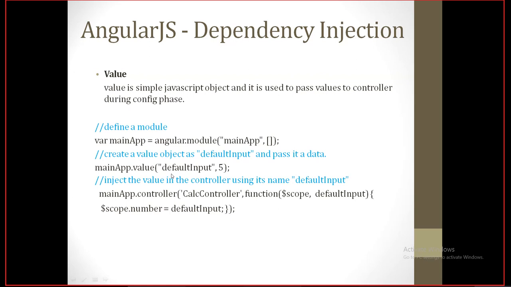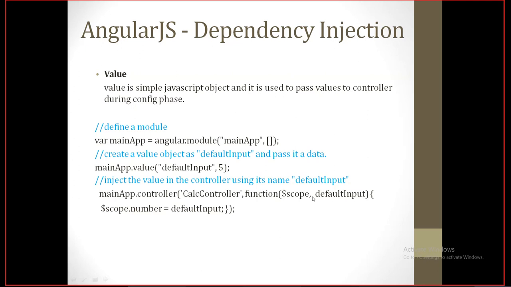Now, wherever this value object is to be injected as dependency, for example, in this controller, this default input value object is required, then you can see in the function where we pass the scope object as the single parameter, along with that we will also pass the dependency.